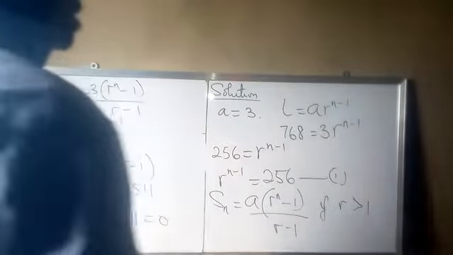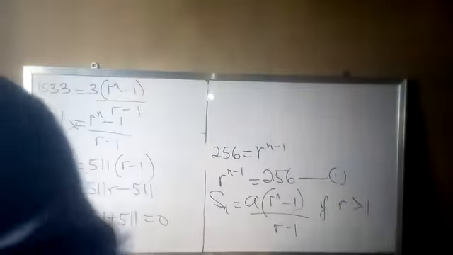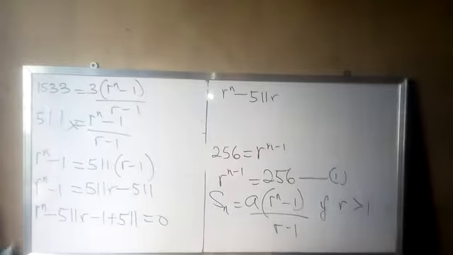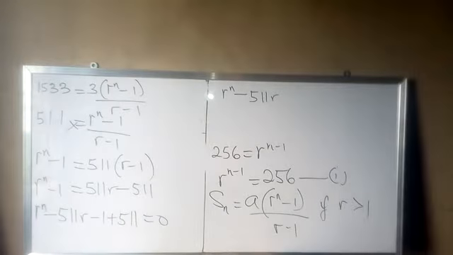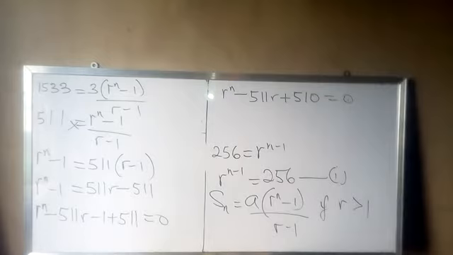So this will give us r raised to power n minus 511r, then minus 1 plus 511, that is plus 510, equals 0. I hope you understand.